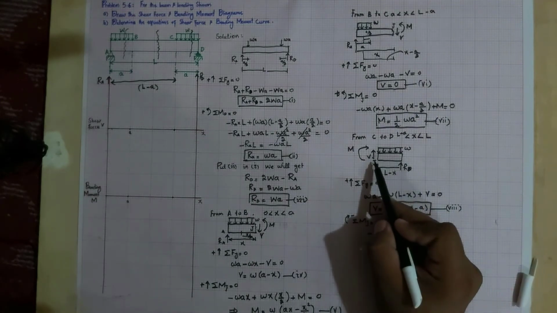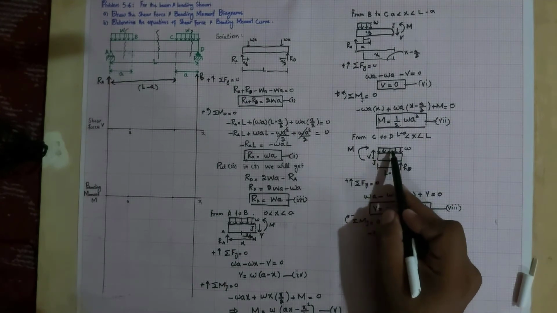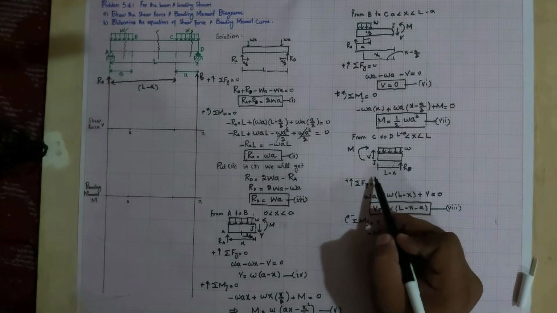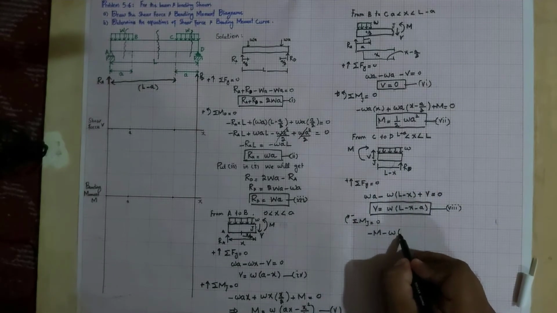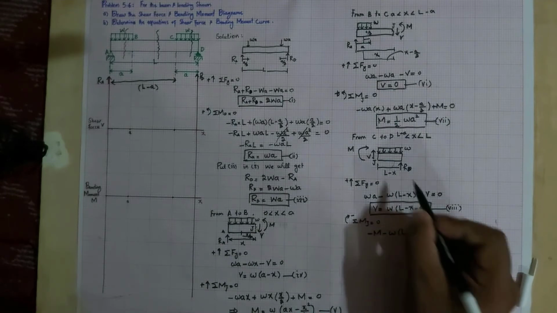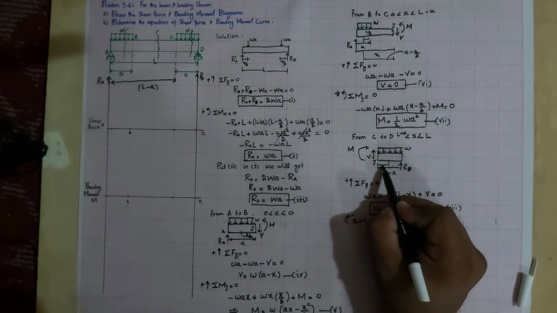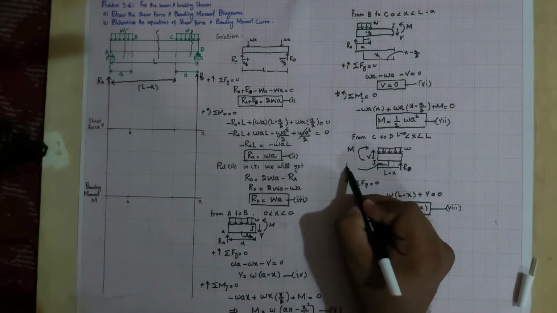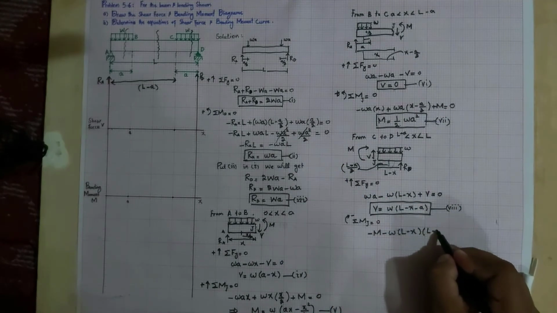This shear force will produce no moment because it is passing through J. Now this W force will create a clockwise moment, minus W into L minus X into, since this is acting at the middle, this distance will be L minus X over 2.